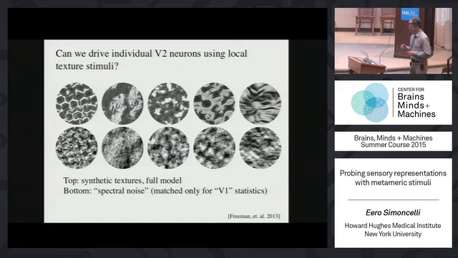I should also mention that V2 has been studied for a long time. Hubel and Wiesel wrote a very important paper about V2 in 1965, which was quite beautiful, documenting the properties that they could find. But the thing that's interesting about this is that V1 didn't really crack until Hubel and Wiesel figured out what the magic ingredient was.